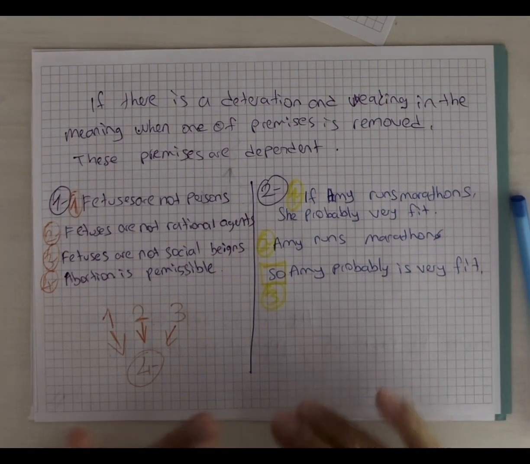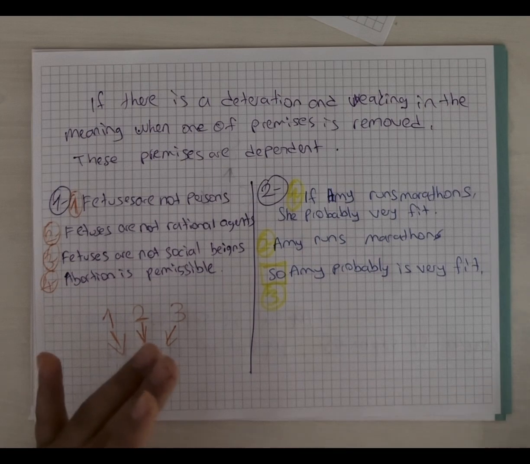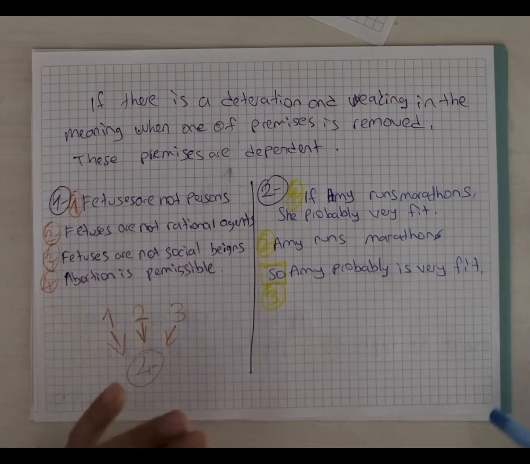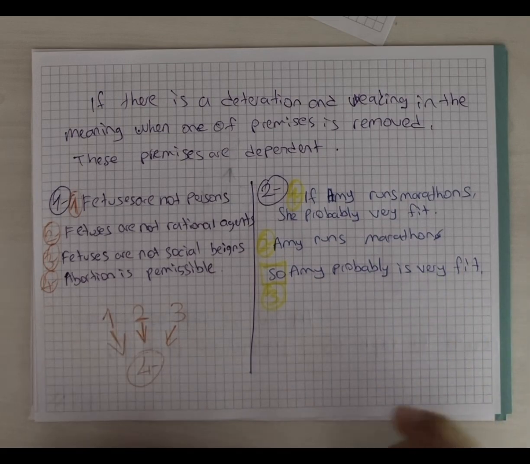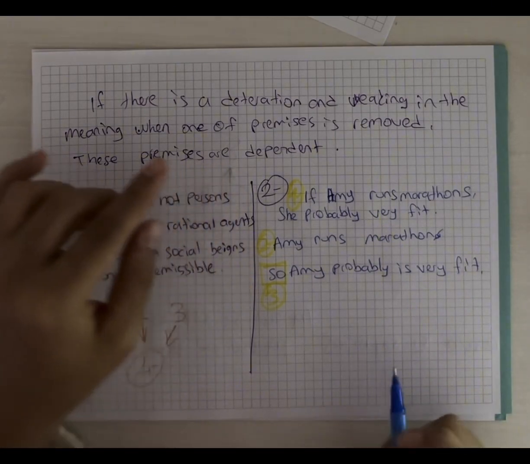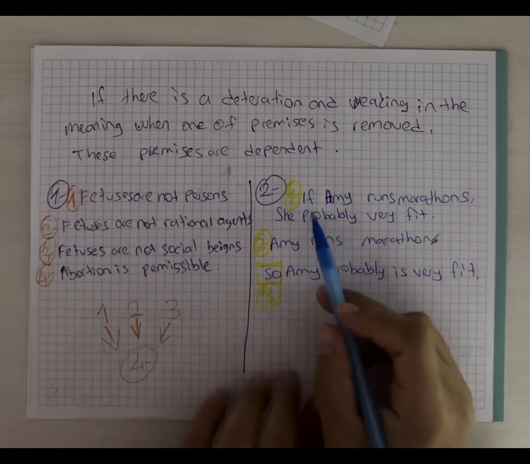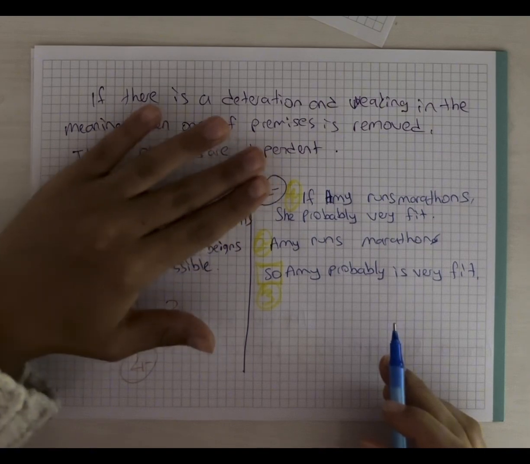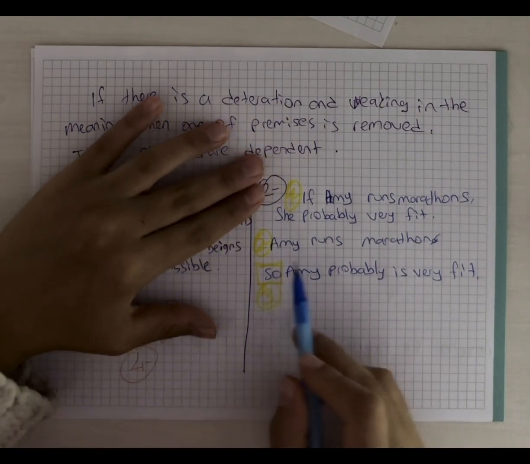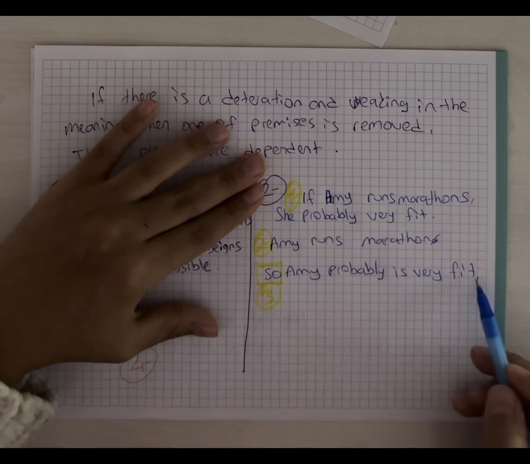Let's try this trick. When we remove one of these premises, if there is a deterioration, these premises are dependent. Let's try. I'll remove the first premise and read: Amy runs marathons, so Amy is probably very fit.